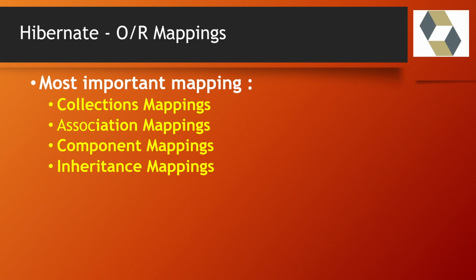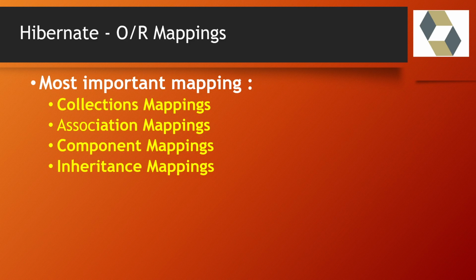Similarly, there might be associations, there might be components. So we also map the class. Single class, here the data.